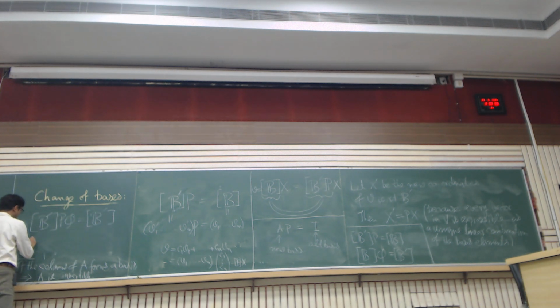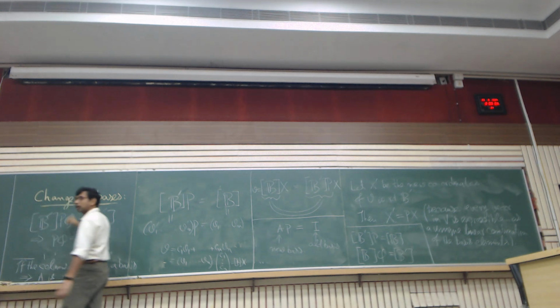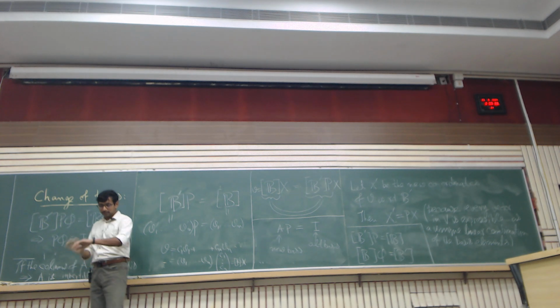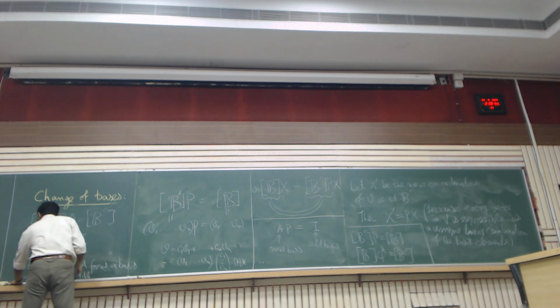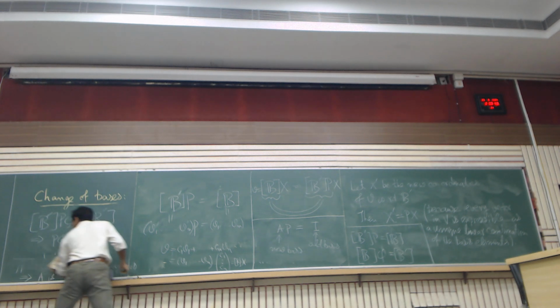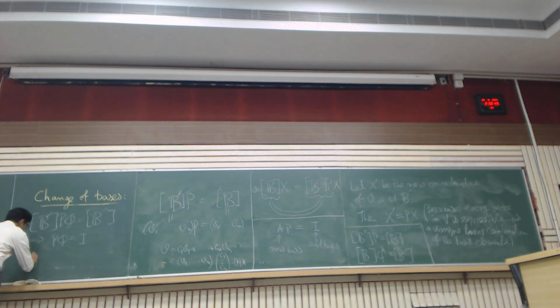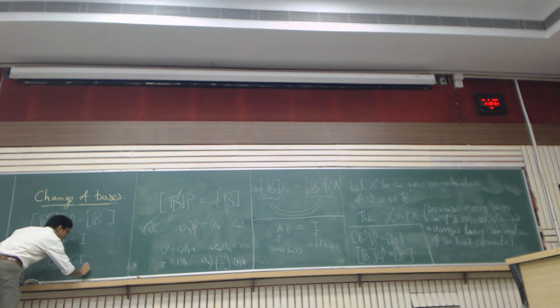And this immediately implies that PQ is the identity matrix, because the columns of the identity matrix express the elements of B dash uniquely. In particular, as Vikram just commented, the change of basis matrix P or Q are elements of GL n F.